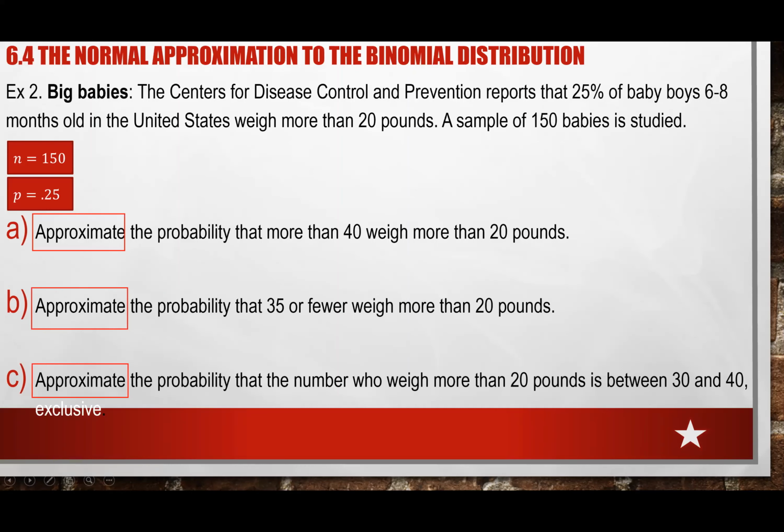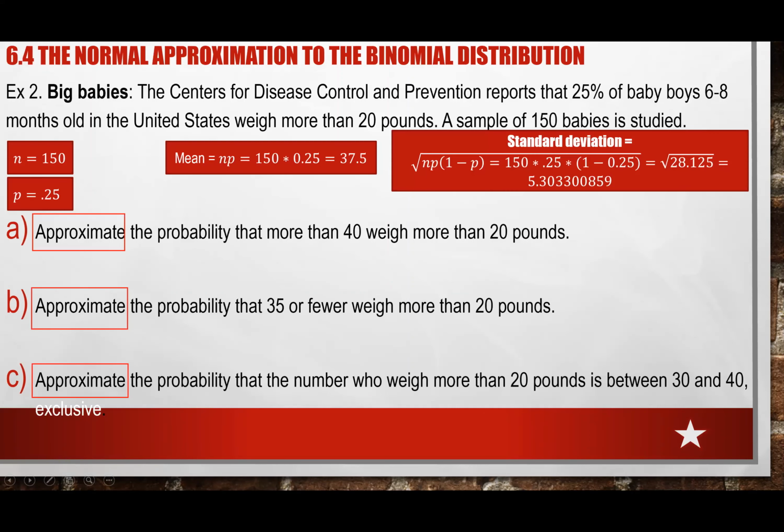To find the mean, you take n times p, that will be your mean. To find the standard deviation, we take n times p times 1 minus p, and then take the square root of that. This is what we have in terms of standard deviation.